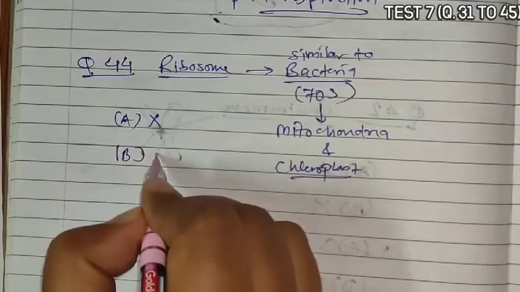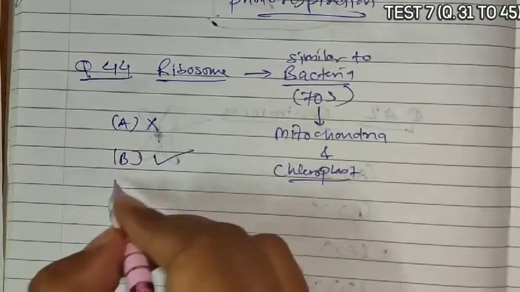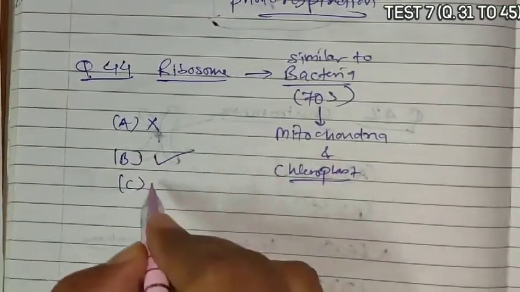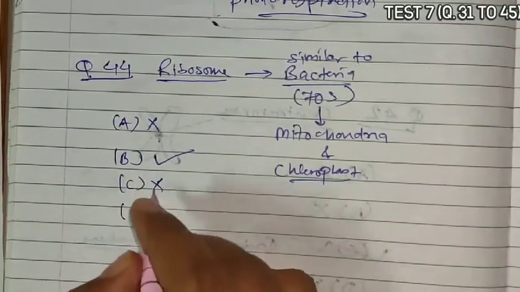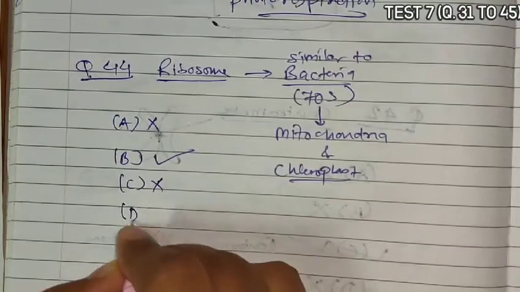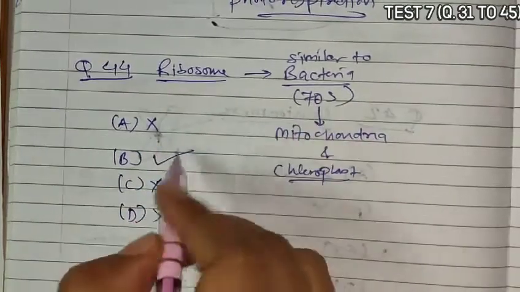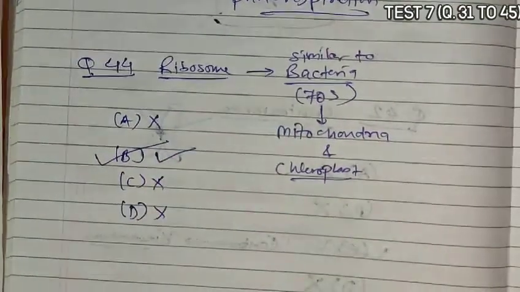B, pancreatic mitochondria, yes, mitochondria have 70S. C, liver endoplasmic reticulum, has 80S, and cardiac muscle cytoplasm also has 80S. So 70S ribosome is found in pancreatic mitochondria, that is option B.